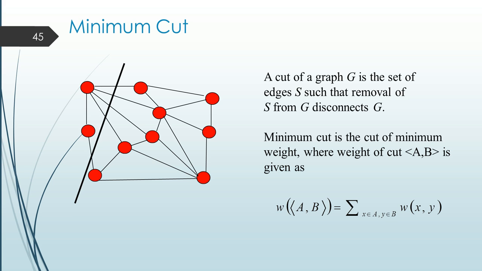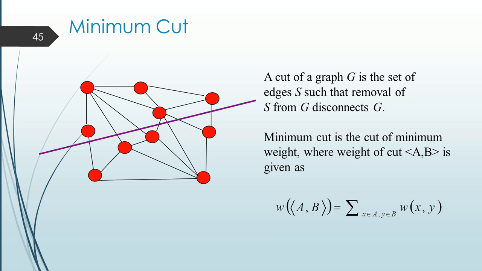For example, this is one particular cut, or it can be this cut, or this cut. What we're going to do is base the cut on the minimum weights.